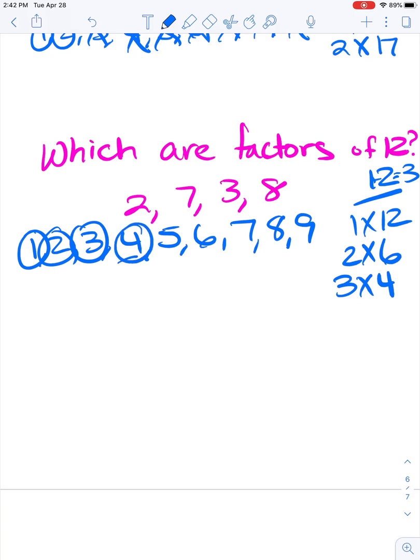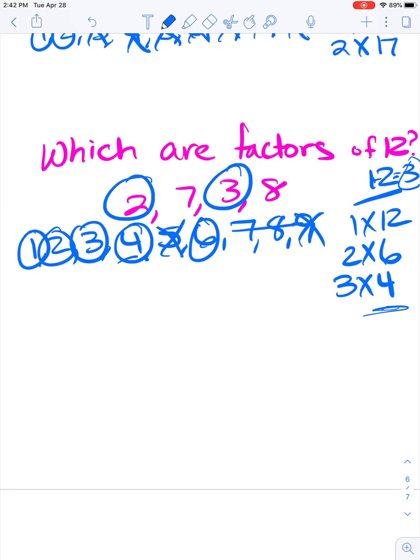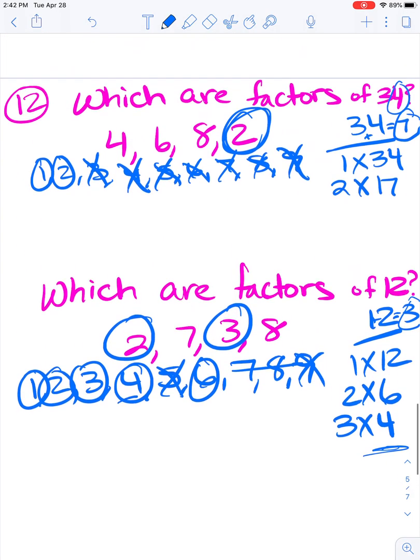We're going on to 4s. We're using a number we've already used, so we stop. We don't have to do any more. We know 5s won't because it doesn't end in a 5 or a 0. We've already used 6. It doesn't equal 9 because this sum is not 9. And we know those aren't going to go in because we stop when we get to a number we've already used. So 2 is a factor and 3.